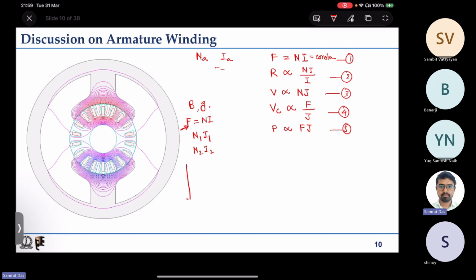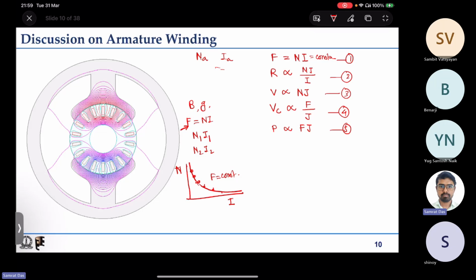So if F is fixed, then the number of turns and current will vary like this. This is a curve for constant F. You can choose any point on this curve that will satisfy equation 1.